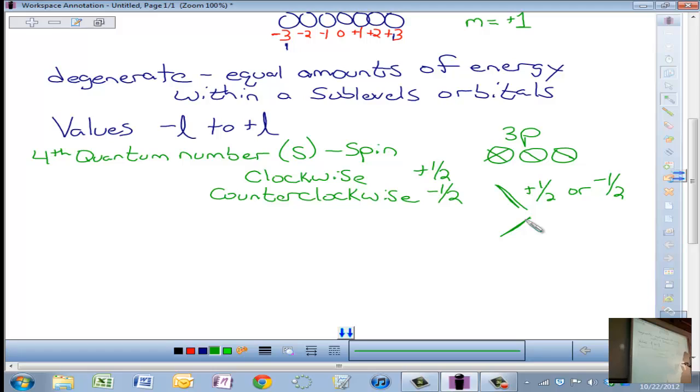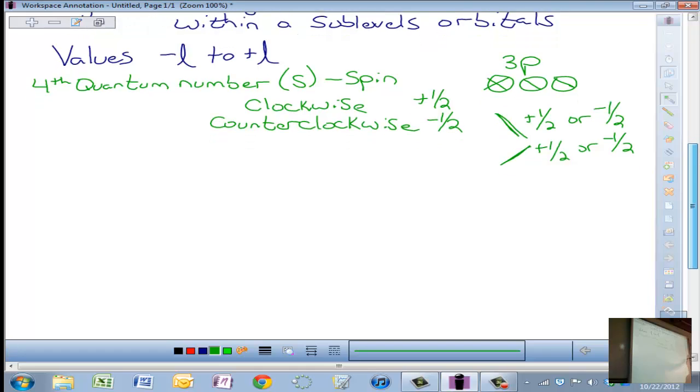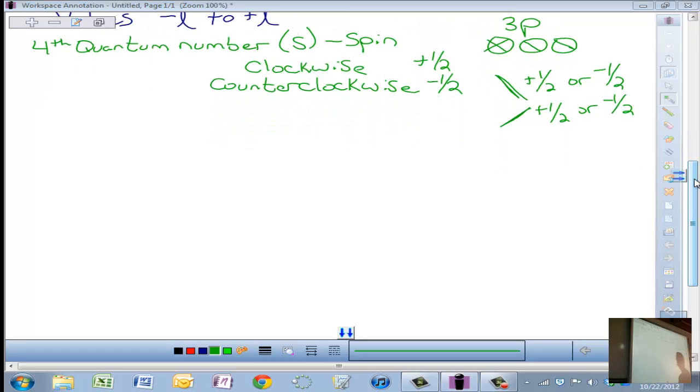Will this line here, will it be positive 1/2 or negative 1/2? That's what you are going to need to decide for yourself. There's 2 types of spin, clockwise or counterclockwise. One will be represented by a positive 1/2 value. The other is going to be represented by a negative 1/2 value.